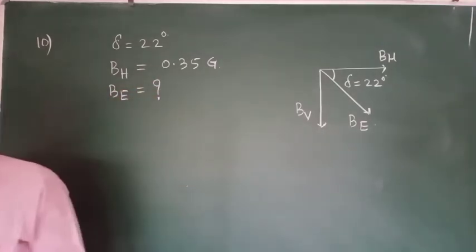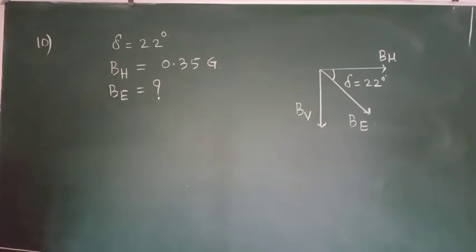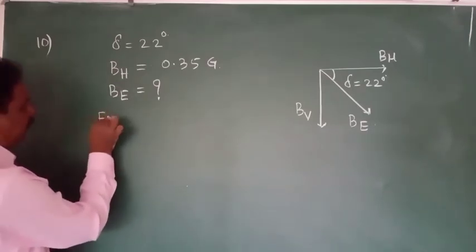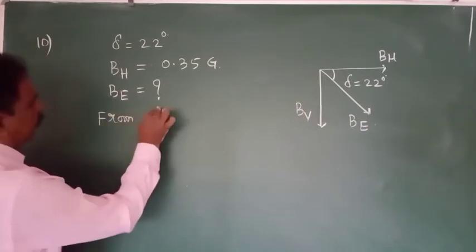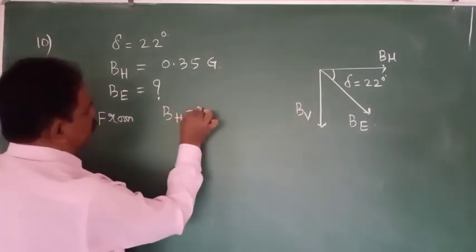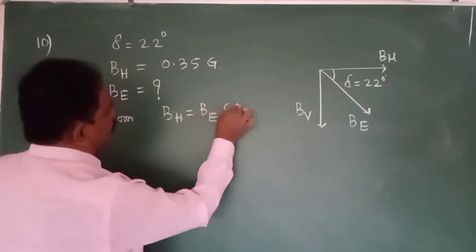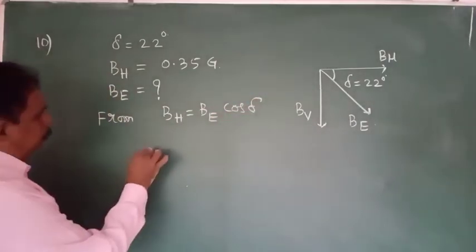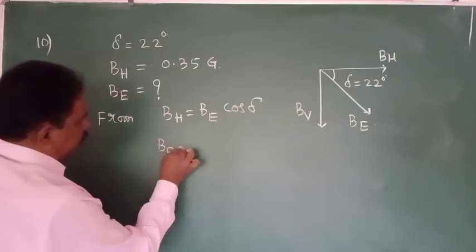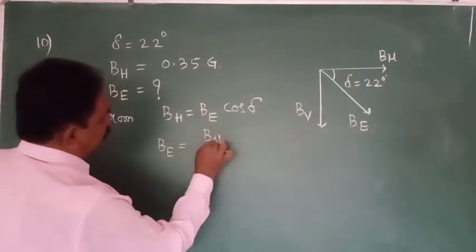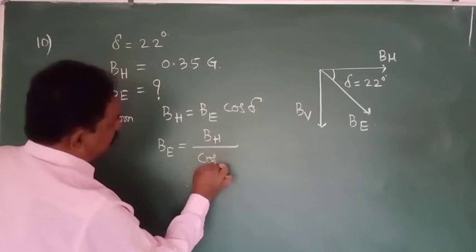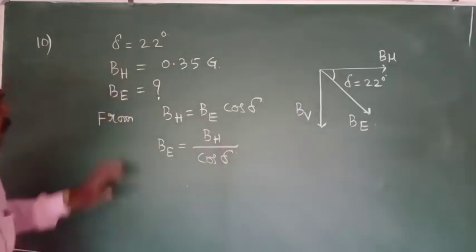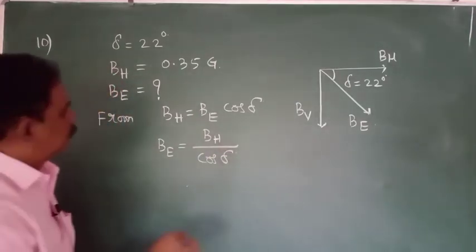So what is the formula? Simple formula only. From BH is equal to BE cos delta, BE is equal to BH by cos delta.